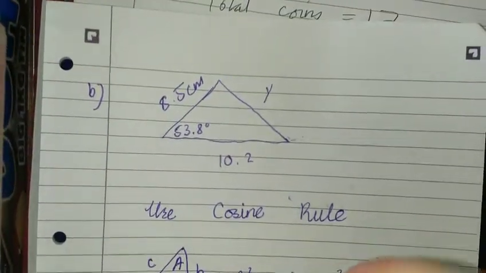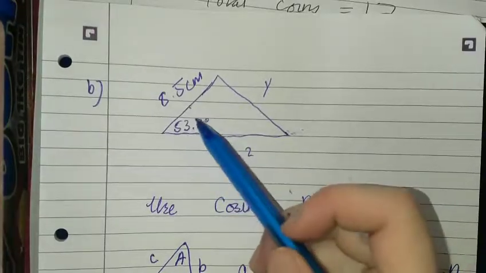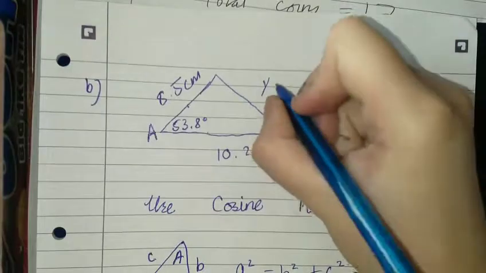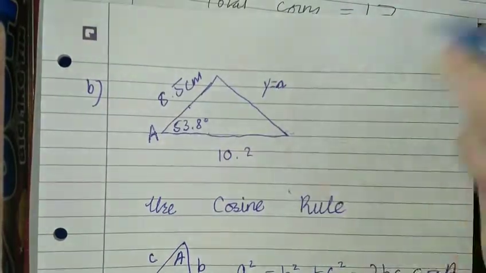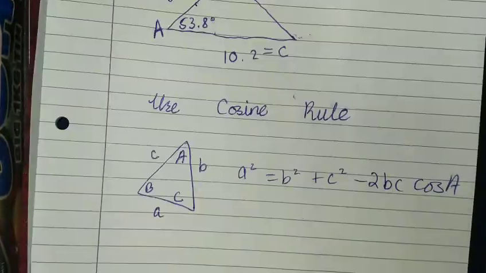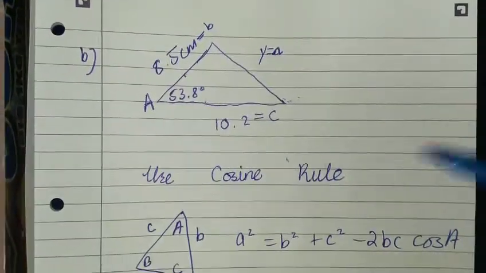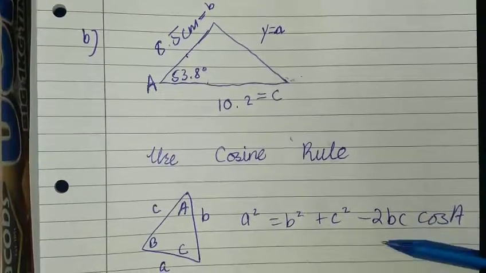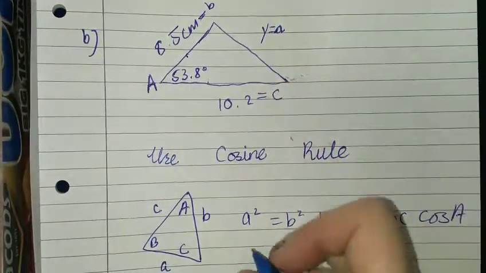So the only angle that we know is going to be this one. So we could actually call this angle A, and then we could call this side A. We could call this side B, and we could call this side C. So this is our formula. We could say that side A, we could call it y.